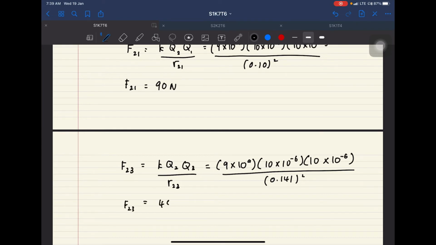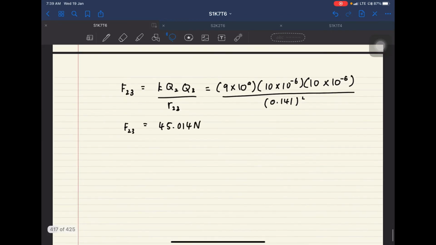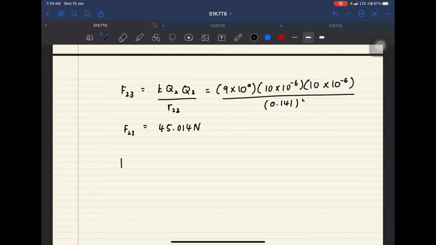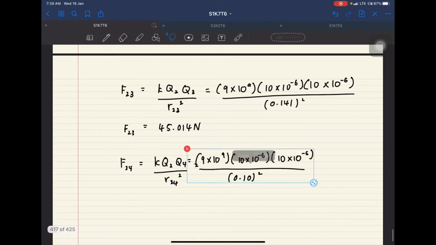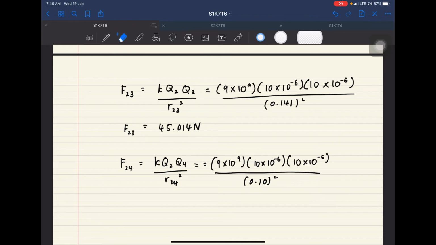So you should get 45.014. And then F24 you should get exactly the same as this one, so just copy that one. The answer will be 90 as well.